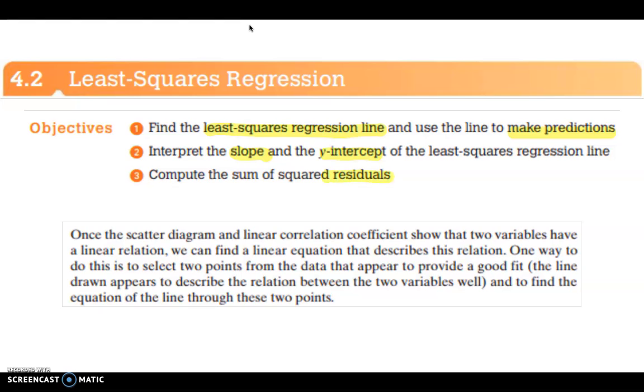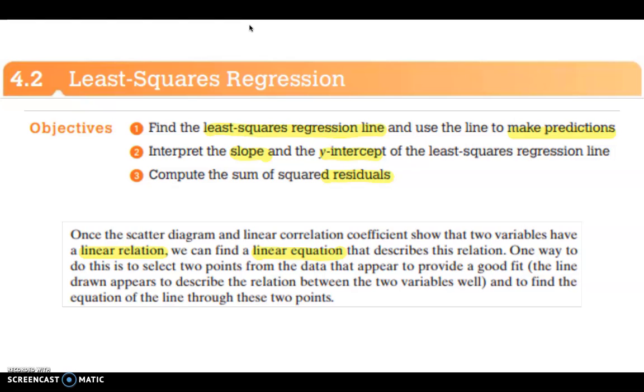So in the previous lesson, we talked about scatter diagrams and linear correlation coefficients. Once we can see that two variables have a linear relationship, so first we need a linear relationship, we can find a linear equation that describes this relationship.